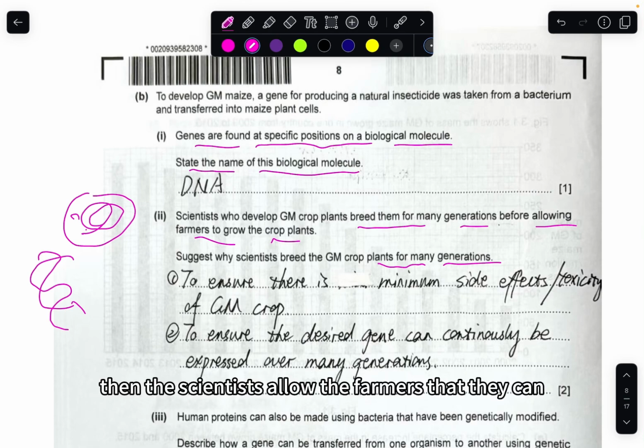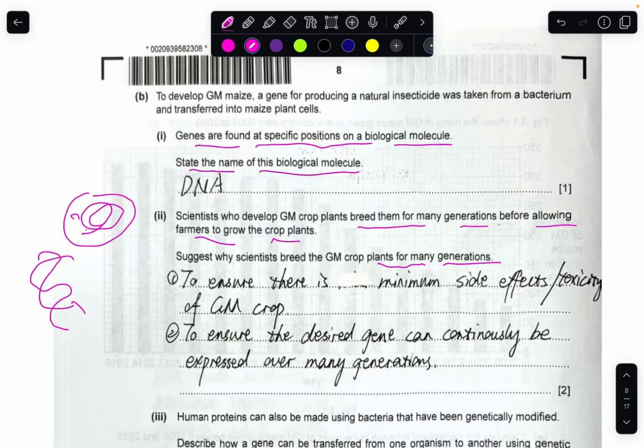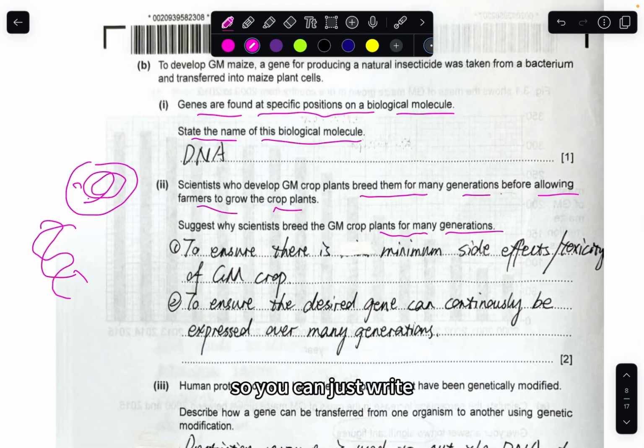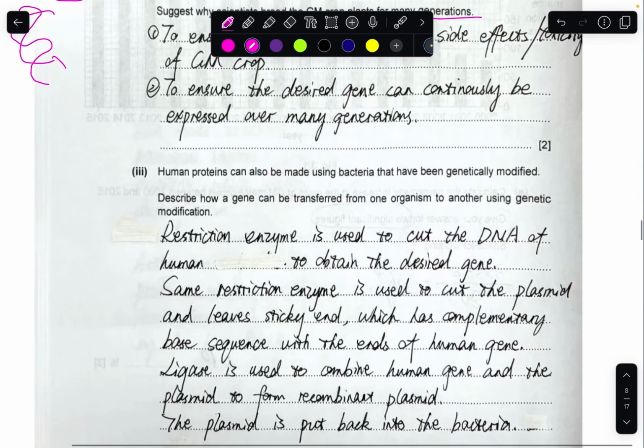Then the scientists allow the farmers to grow these kinds of crops. So you can just write to ensure there are minimum side effects and ensure that the desired genes can be spread over many generations.